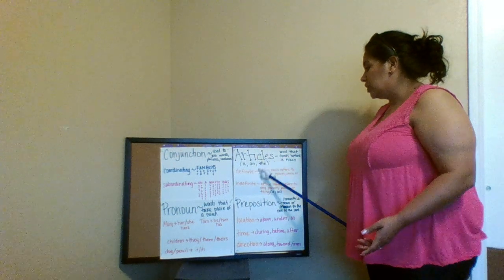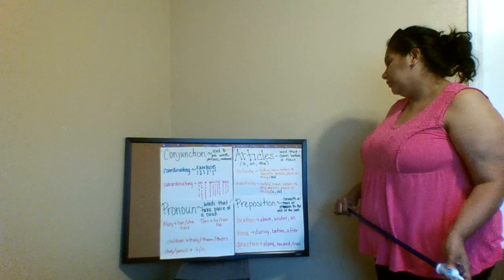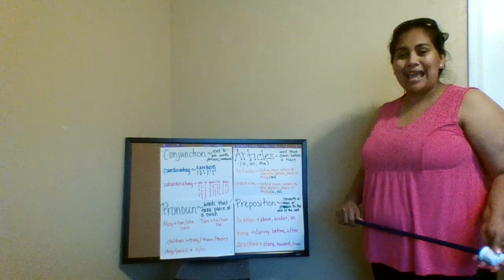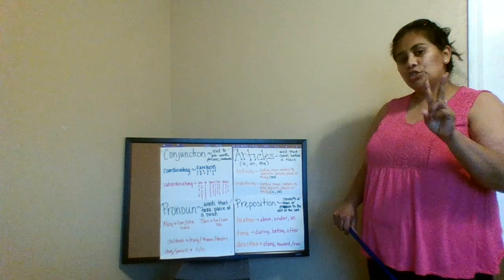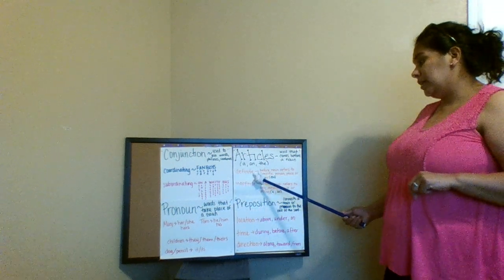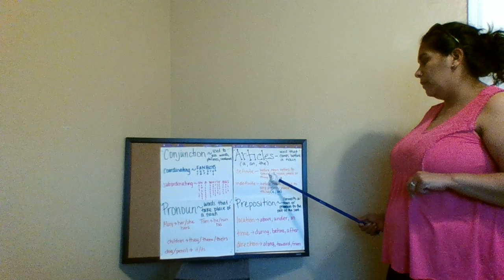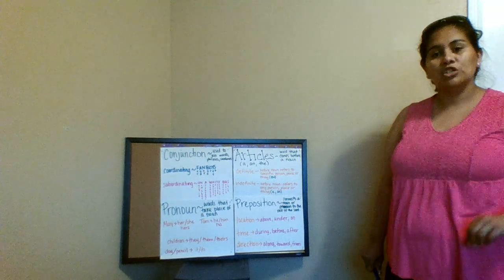All right, moving on to the articles. Articles are words that come before a noun, such as a and the. They fit into two categories. We have definite, which refers to a specific person, place, or thing, such as the word the.